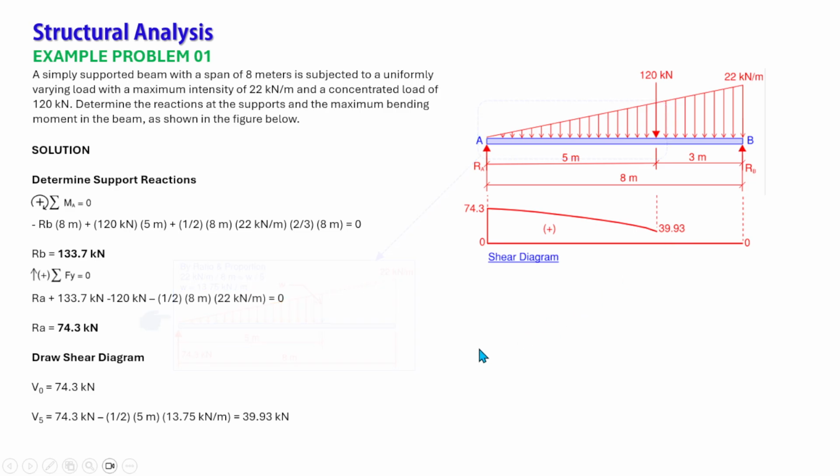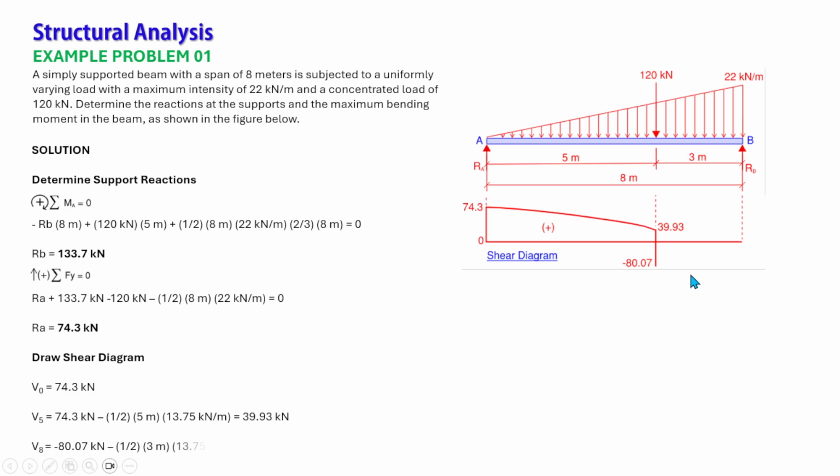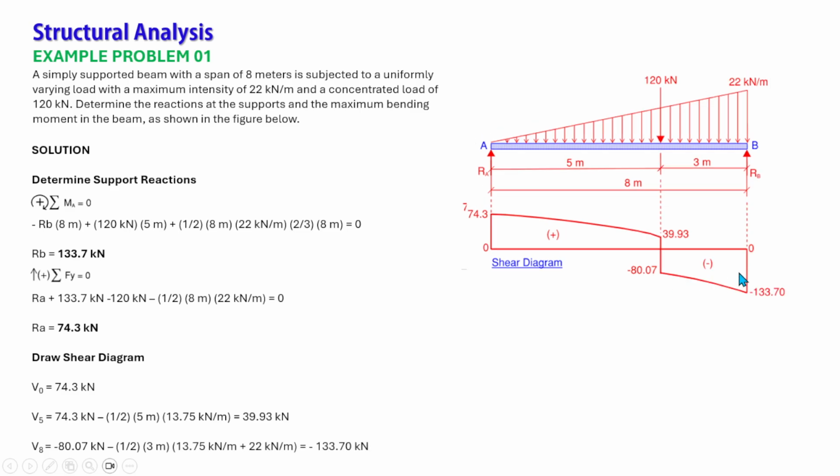Then we will calculate the shear at this point due to the dropping load of 120 kilonewtons. So 39.93 minus 120 kilonewton gives us minus 80.07 kilonewton.